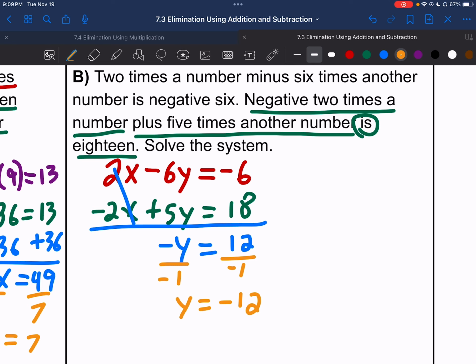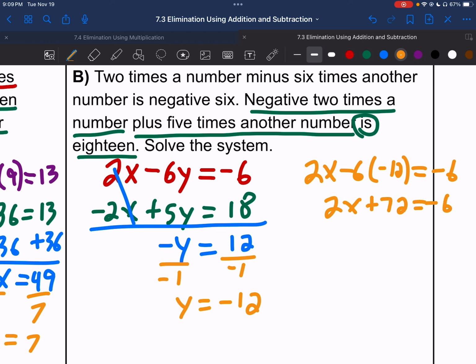Now we're going to substitute that into our equations. I'm going to use the top one. 2x minus 6 times -12 equals -6. So -6 times -12 is going to be 2x plus 72 equals -6. Okay.